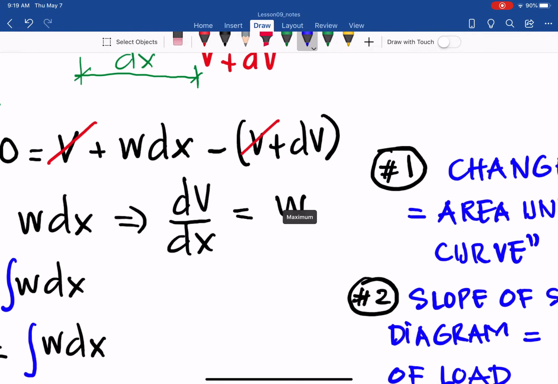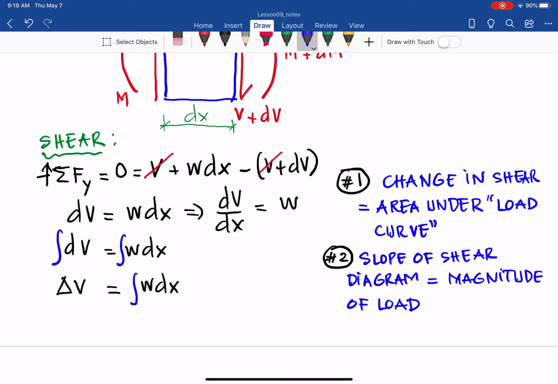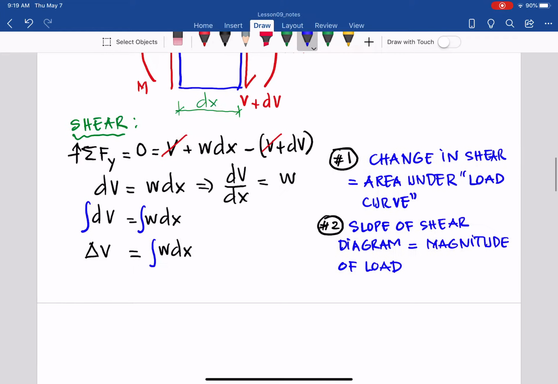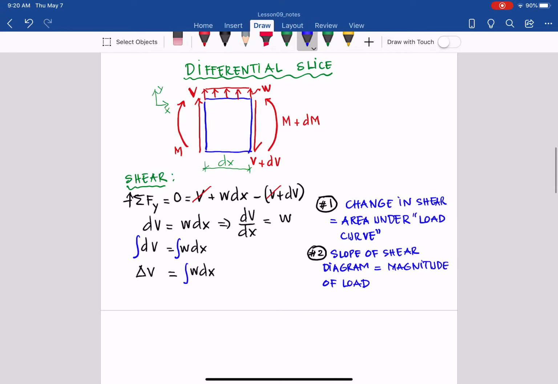So dV over dx is the magnitude of the load for the slope of the shear diagram. dV over dx equals w. So those are the shear notes.